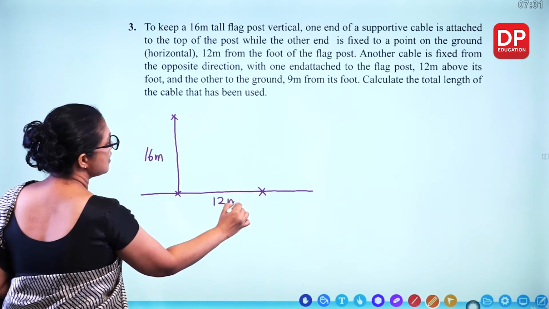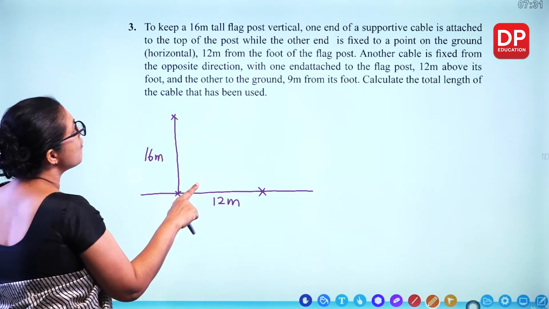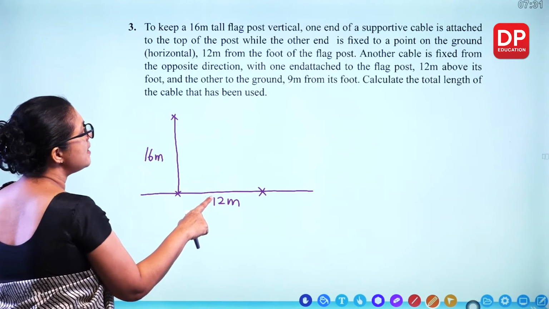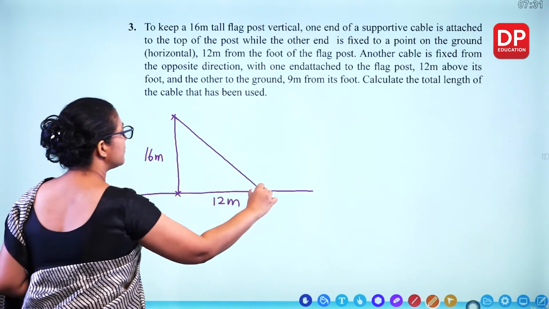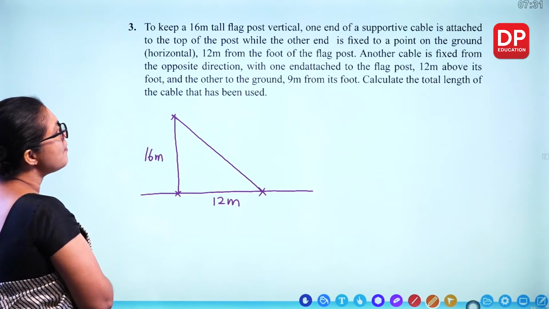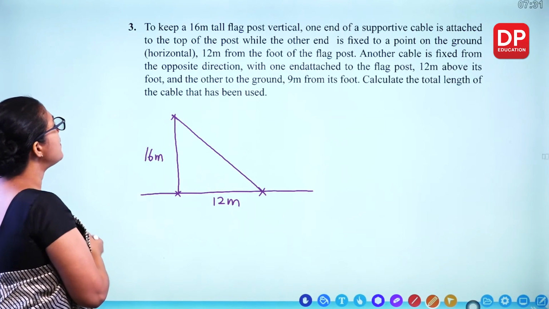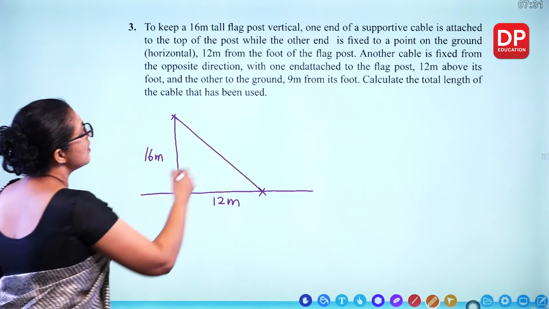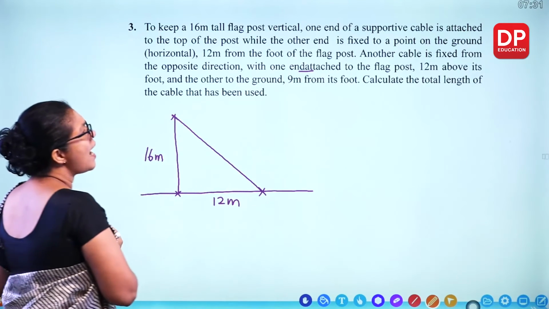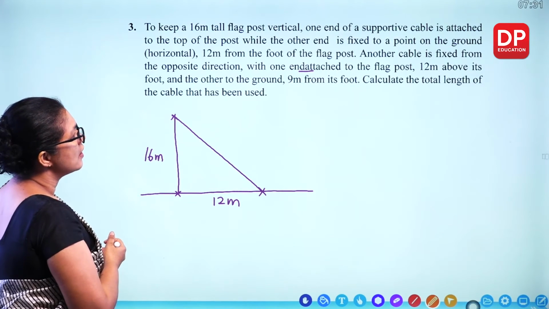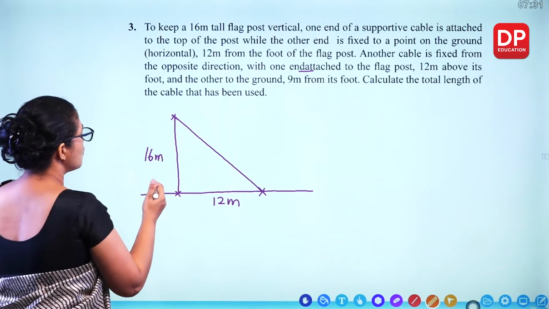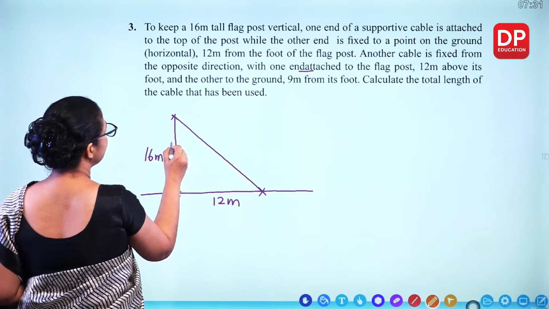So that means here 12 meters away from the foot. So this is one cable. Another cable is fixed from the opposite direction with one end attached to the flag post, 12 meters above its foot.